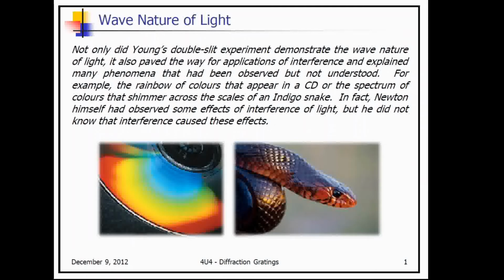Now, when we looked at the double slit experiment, we had a single source of light that fell on a double slit and produced that interference pattern. A diffraction grating is what we get if, instead of a double slit, we use something with multiple slits.